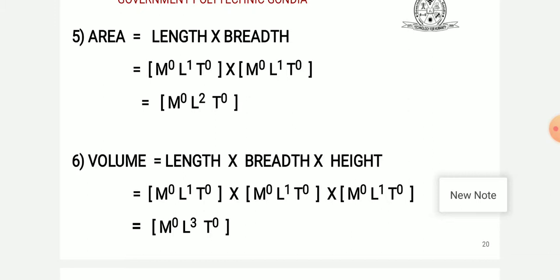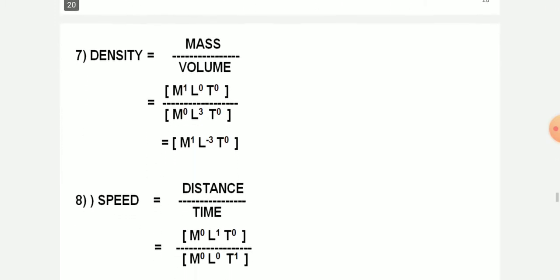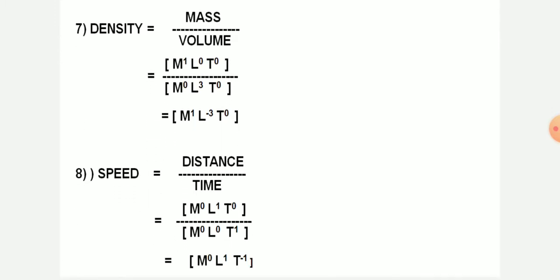Okay. Now the next one is density. The formula for the density of a substance is mass upon volume. We know that the dimension for mass is m raised to power 1, L raised to power 0, t raised to power 0, as there is no length and time in mass.